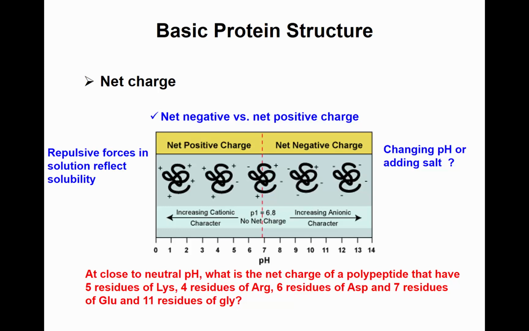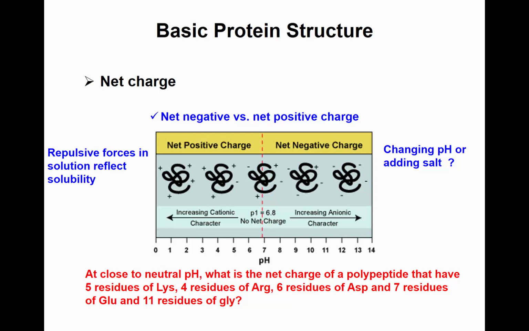Okay, let's do a simple exercise. I'm sure in organic chemistry it's more complex. There is a complex equation for determining net charge, but let's talk simplistically just to get the idea of a net charge. At close to neutral pH, what is the net charge of a polypeptide that has 5 residues of lysine, 4 residues of arginine, 6 residues of aspartic acid, 7 residues of glutamic acid, and 11 residues of glycine?